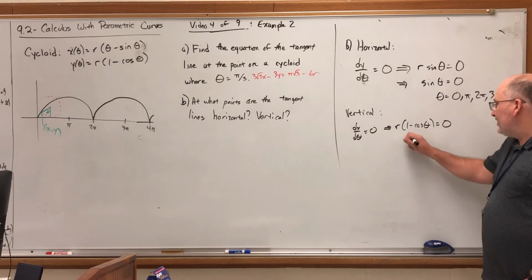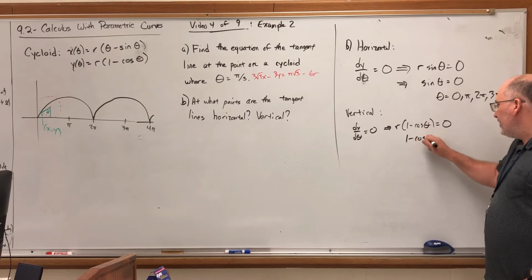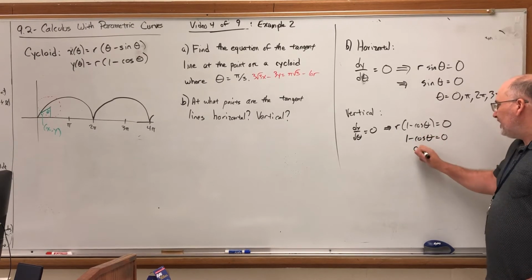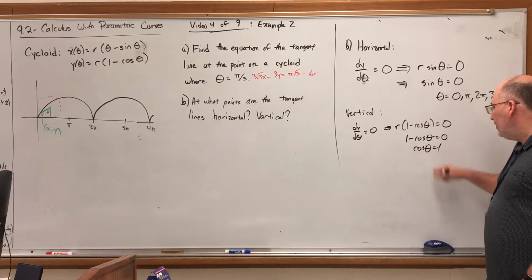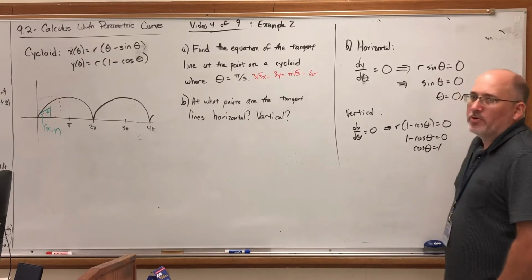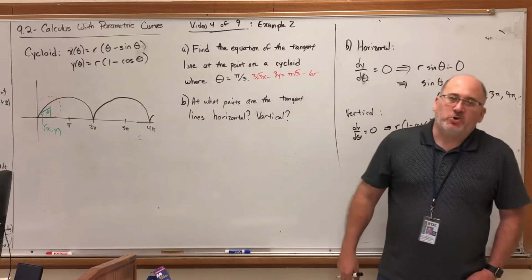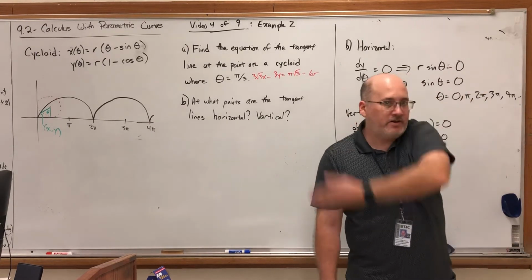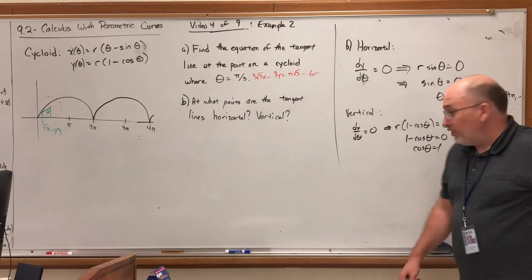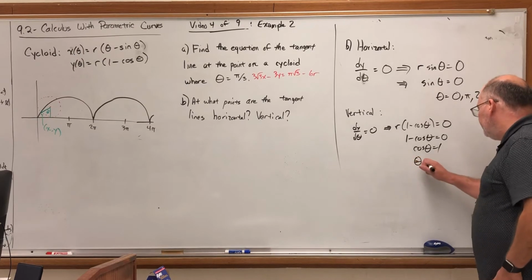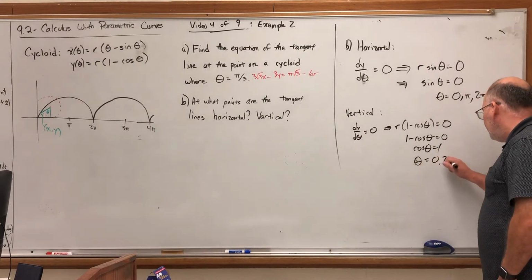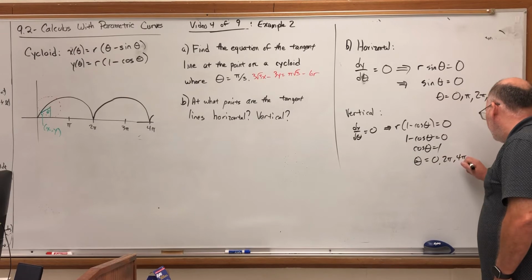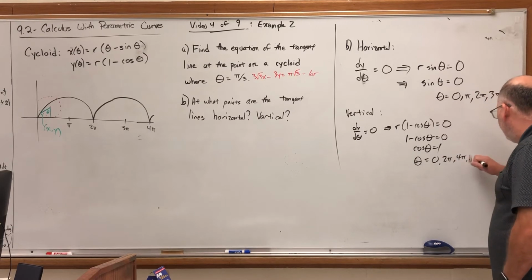We could divide both sides by r and get 1 minus cosine theta is equal to 0. This implies cosine of theta is equal to 1, and where on the unit circle is cosine equal to 1? Cosine is the x-coordinate, so it's over here at 0, at 2 pi, at 4 pi, and all of our even multiples of pi. Theta is equal to 0, 2 pi, 4 pi, etc.